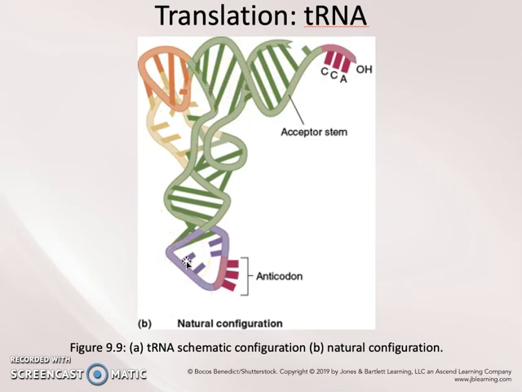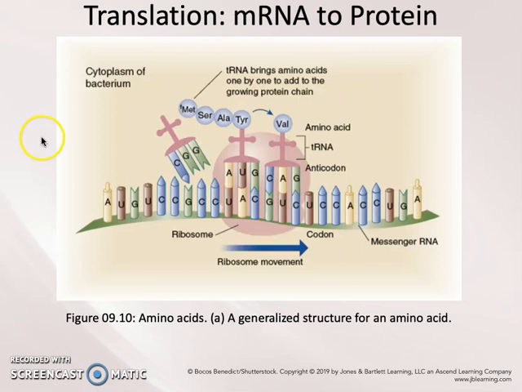There are two really important parts of the tRNA molecule. At the top here of the tRNA molecule, this is where the tRNA is attached to a single amino acid molecule. We can see that again in this picture earlier on in the chapter, where the tRNAs are pictured here, and those tRNAs are attached to a single amino acid molecule.